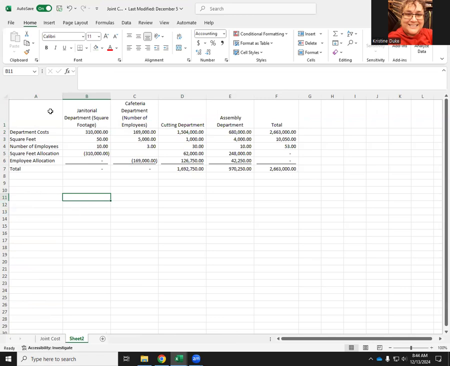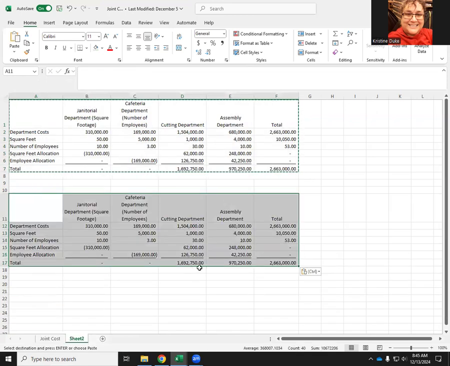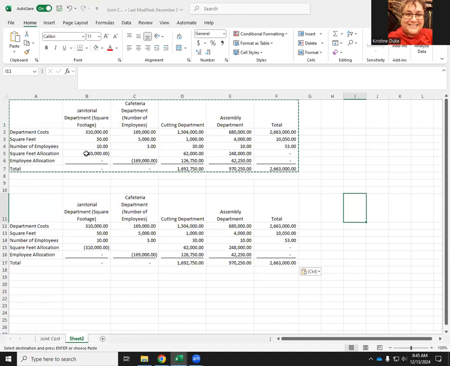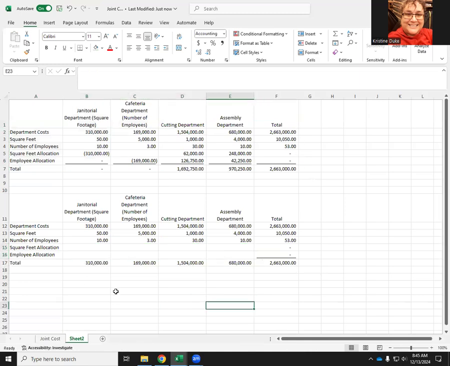So what I'm going to do is this is called the direct method. I'm going to erase this here, and I'm going to do it for you. Okay, we've got the totals for the 4 departments. This is my driver, square feet, number of employees.